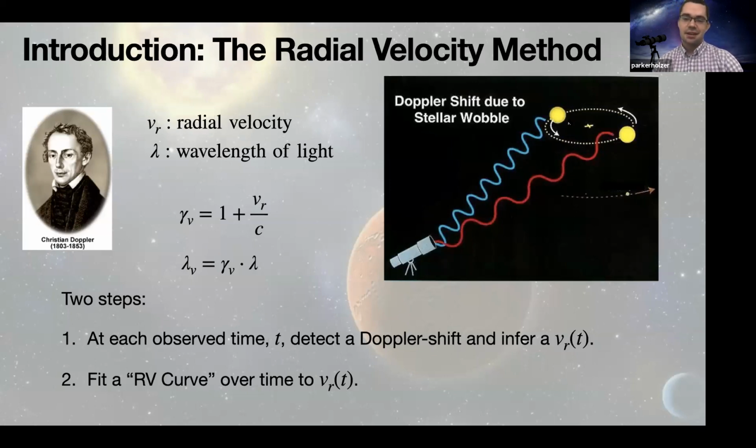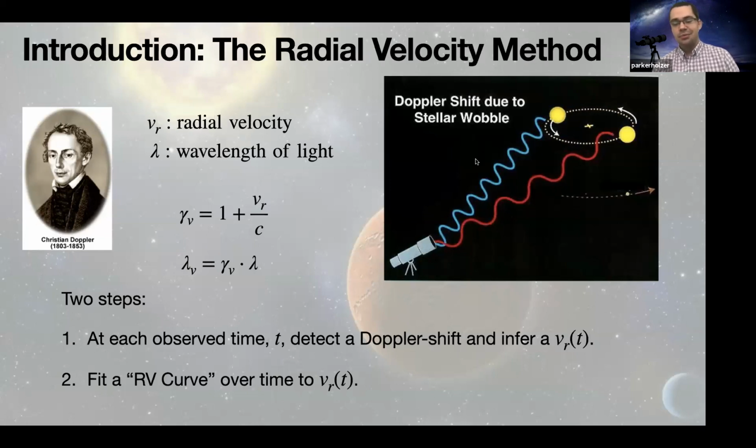And that would manifest itself in the light of the star by rescaling the light's wavelength. If it's coming towards us, it would rescale the wavelength to be slightly smaller or bluer. And if it's going away from us, it would rescale the light to be slightly redder or have a slightly higher wavelength. And this is called a Doppler shift, for those of you who've heard of that before.